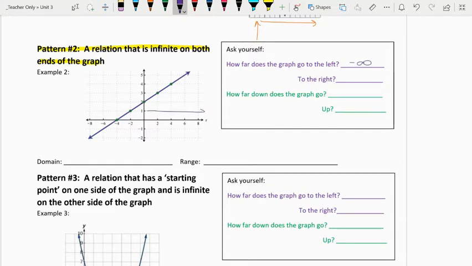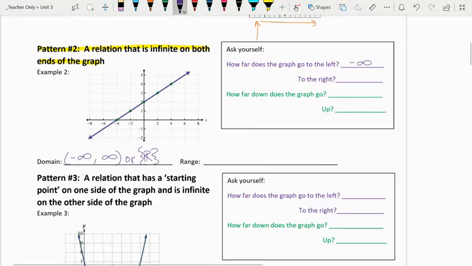And as you go to the right, it's going to go all the way to +infinity. So my domain is negative to +infinity. Now, I'm okay with you putting all reals in set notation. That's fine. Right now, you're going to see a lot of interval notation for all these, though.